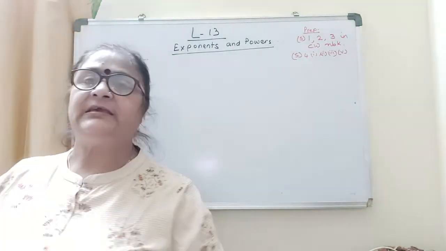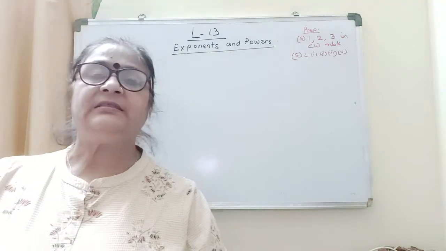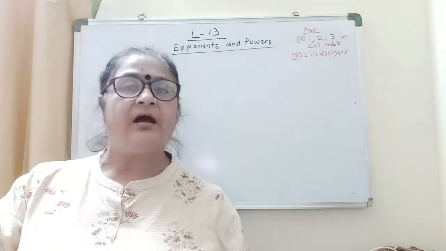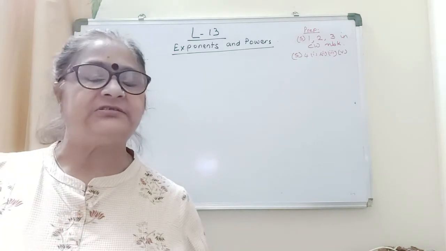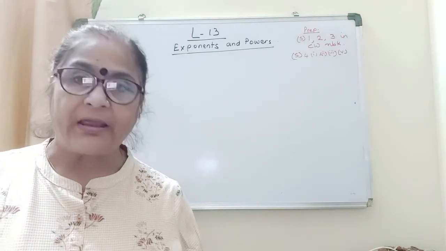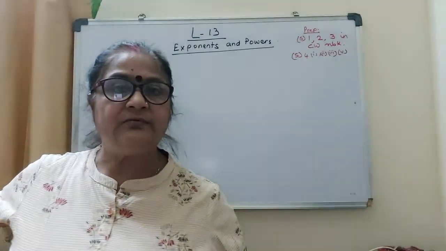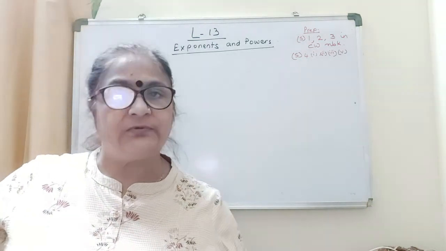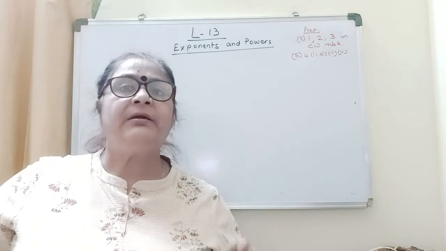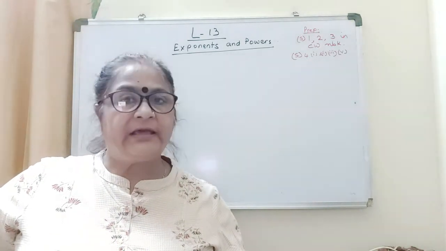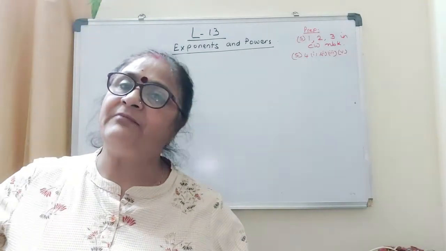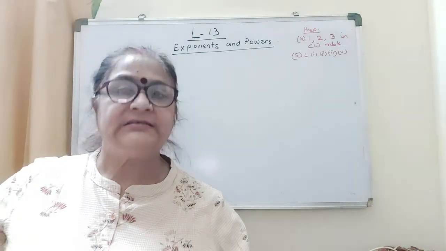Now, in this case, it does not mean that the powers are same. In question number 3, when we did it, we saw that the prime factors were same. Whereas in this, the prime factors may not be same.